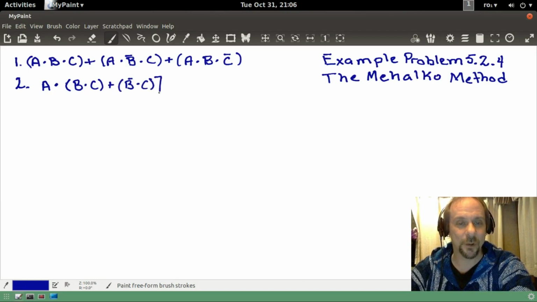And this, of course, is all one happy term because I distributed it, leaving just the rest of the statement, the rest of the proposition or expression to be written out here. Okay.